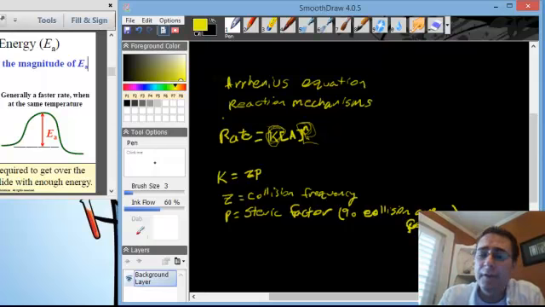And the third thing that goes into the rate constant, right, that determines the proportion of collisions that actually react, is the activation energy.